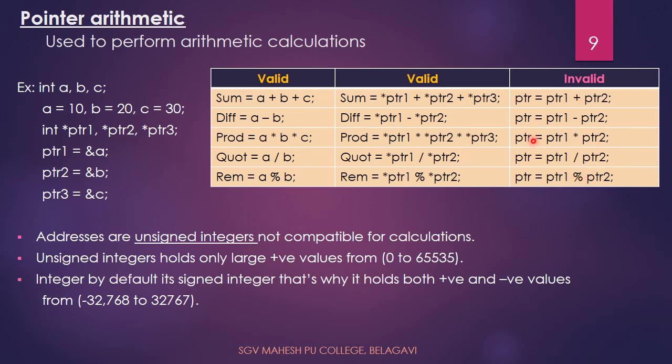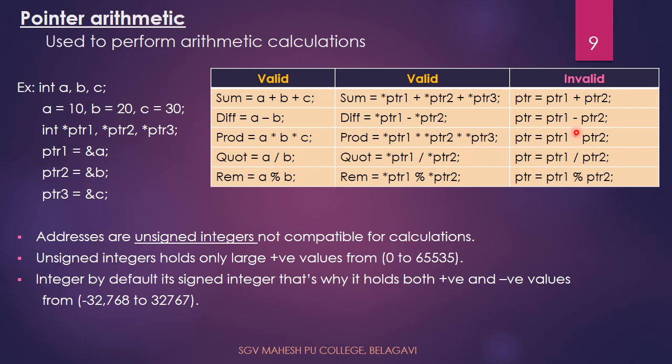This is not possible with pointer arithmetic, because these are holding addresses. ptr1, ptr2 and ptr3 are holding the addresses of A, B and C. So we can add the values, but we cannot add the addresses of A, B and C, and that's why these expressions are invalid.